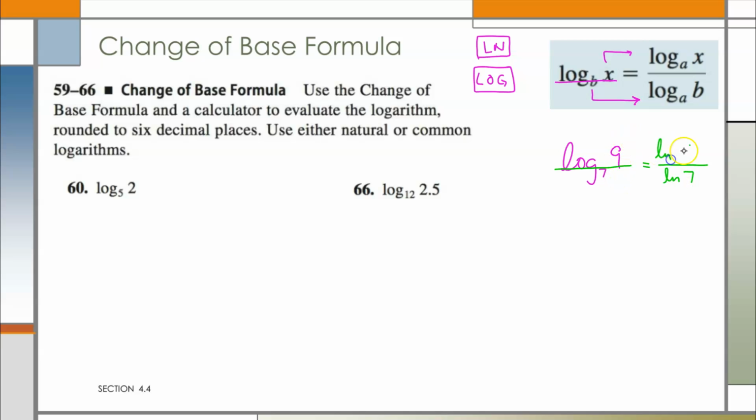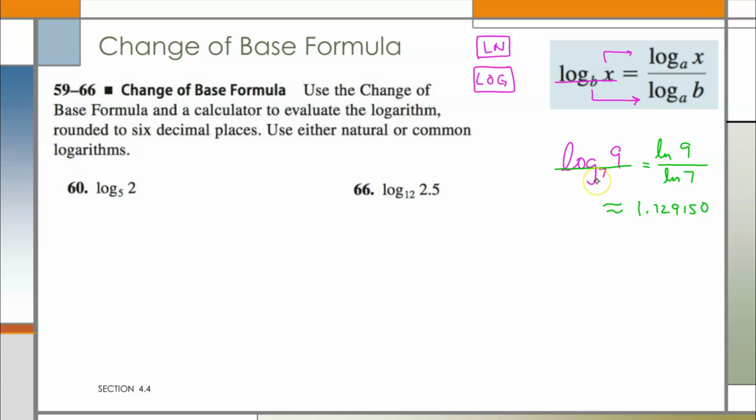On the calculator, I hit ln of 9 divided by ln of 7, and I get 1.129150.